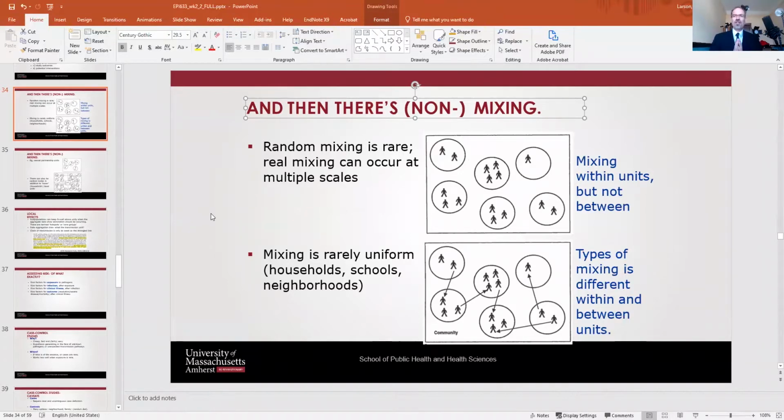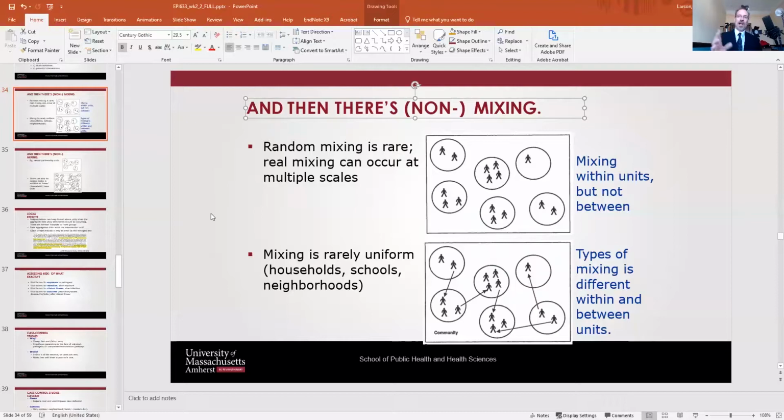And we see this a lot in the United States amongst socioeconomic groups, amongst racial groups, where people will have limited contact with groups outside their own in-group. And this is one thing we're seeing a lot in COVID-19. The contact patterns among wealthy people are very different than the contact patterns among poor people and among racial minorities in urban settings.